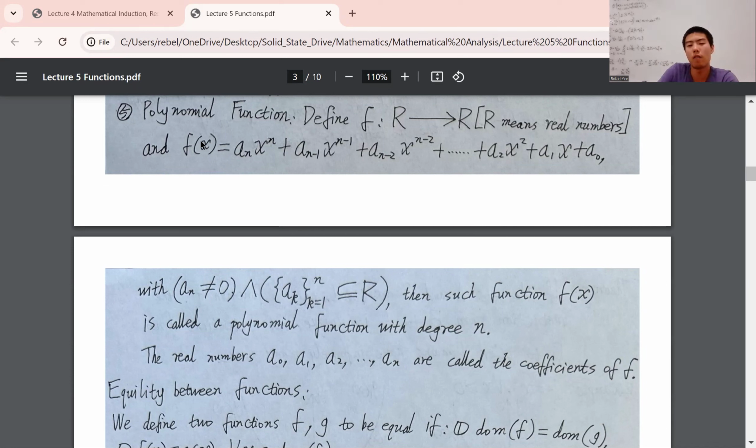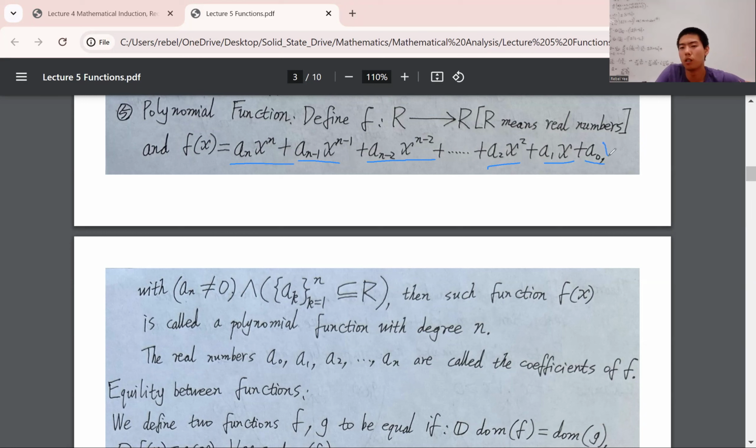We say f(x) is in the form a_n times x to the power of n, and each step decreases by one: a_(n-1) x^(n-1), a_(n-2) x^(n-2), and more, like n-3, n-4, and it goes down to 5, 4, 3, 2, 1, 0.